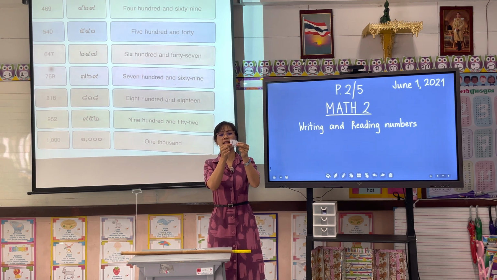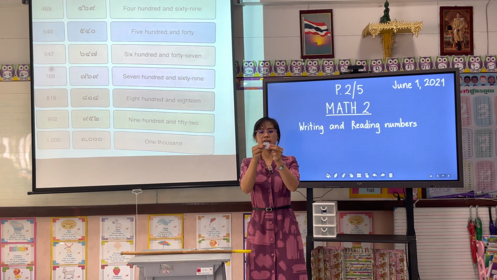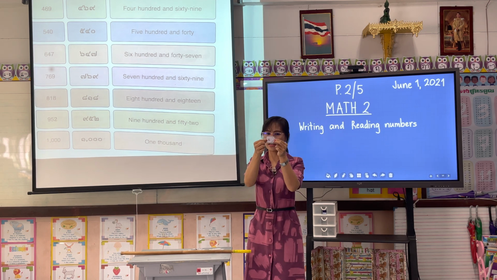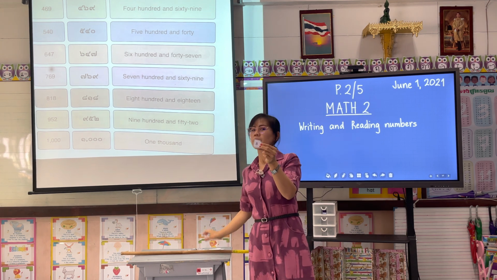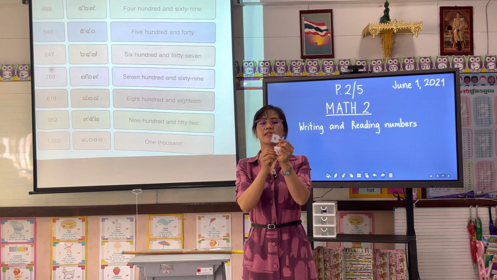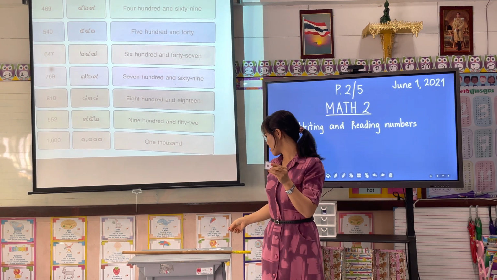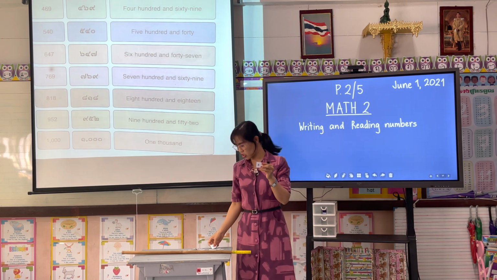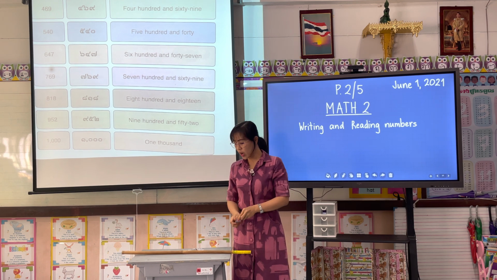Okay? 1, 2, 3, 4, 5, 6, 7, 8, 9. Okay? As we can see, these are single digit, 1 digit. Okay? So from 1 to 9.